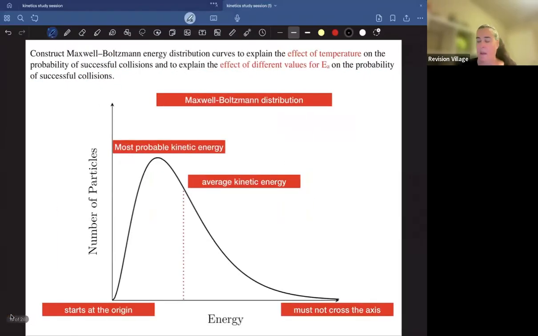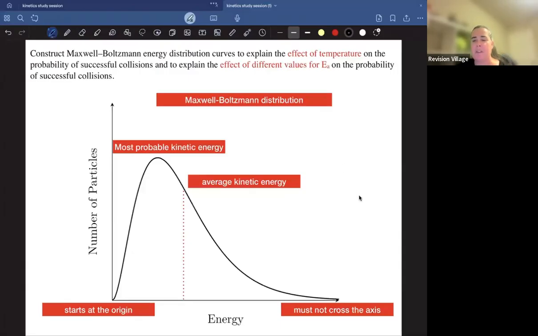The other picture that we draw a lot in this unit is the Maxwell-Boltzmann curve. The Maxwell-Boltzmann distribution is just like one of the distributions you may have learned about in your math class. So if you have a binomial distribution or a Gaussian distribution, it tells you the frequency on the y-axis. And it tells you what you're measuring.